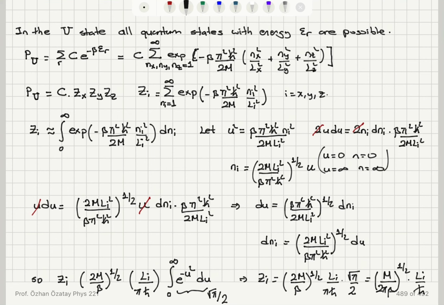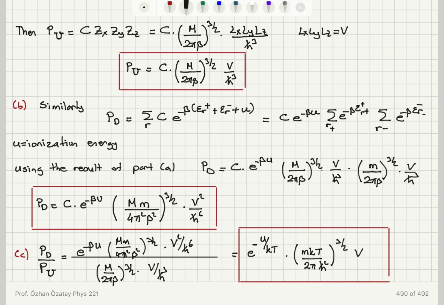I can see that the probability of the undissociated configuration is C times the product of 3 partition functions for x, y, and z, which I calculated to be (M over 2 pi beta)^(3/2) times V over h bar cubed. Then we repeated the same thing for the dissociated state.